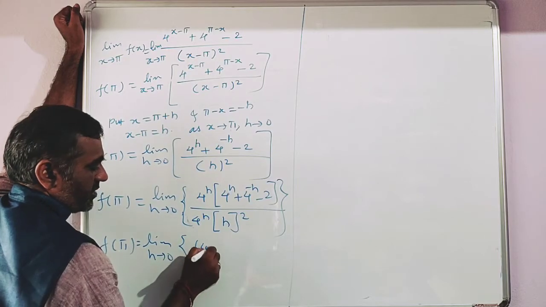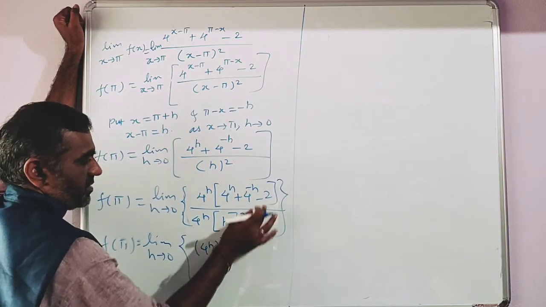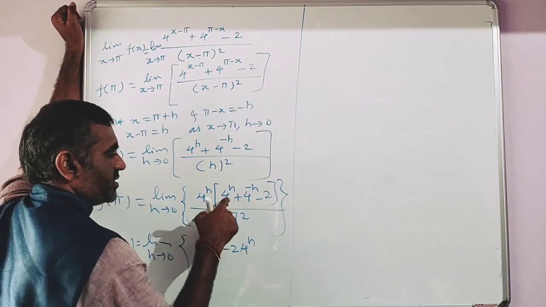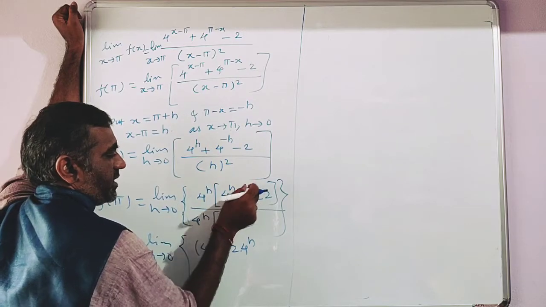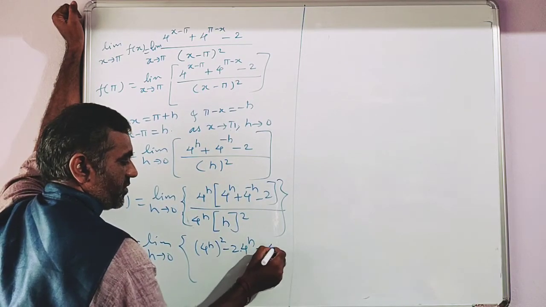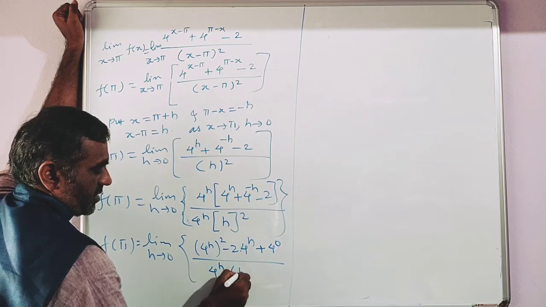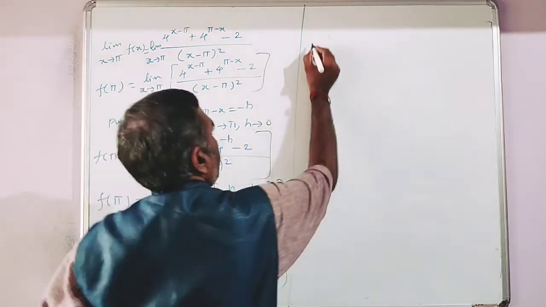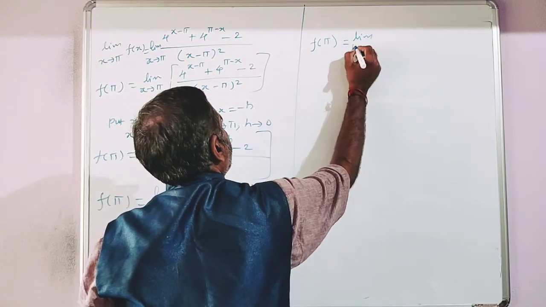This will be 4 to the h bracket square plus, otherwise we can take as minus 2 times 4 to the h, minus 2 into 4 to the h. The multiplication of these two, h minus h, is 0, so 4 to the 0 upon 4 to the h into h square.